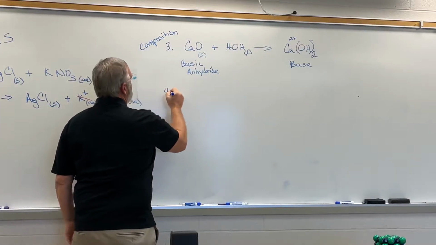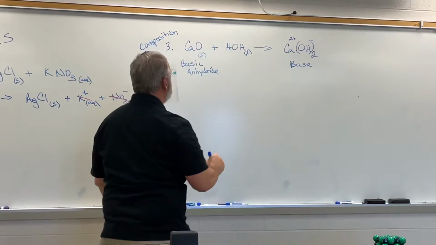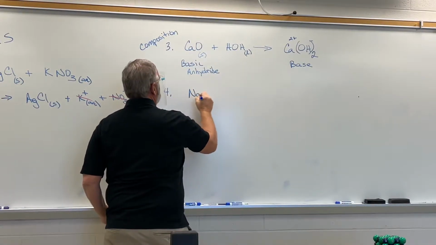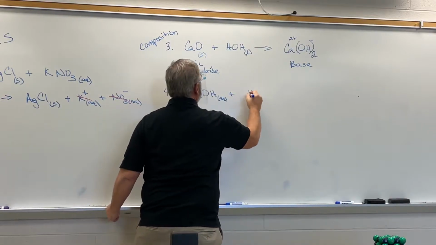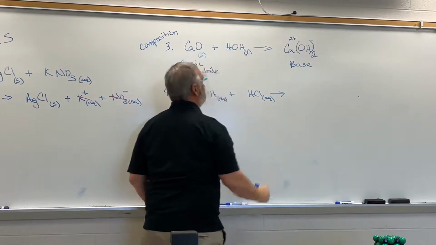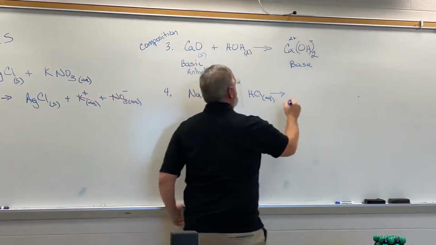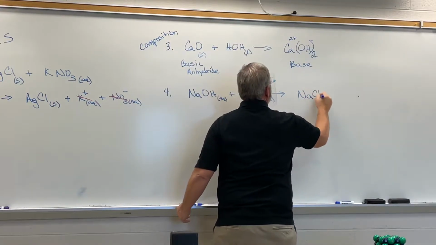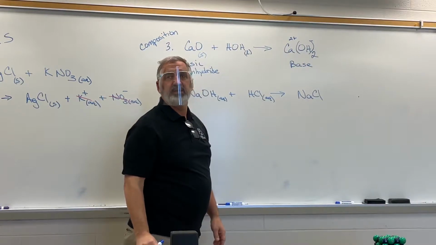All right, so number 4, sodium hydroxide and hydrochloric acid. Sodium hydroxide, hydrochloric acid means it came from the chloride. What's that going to make? Is NaCl going to be soluble or a precipitate? Why?